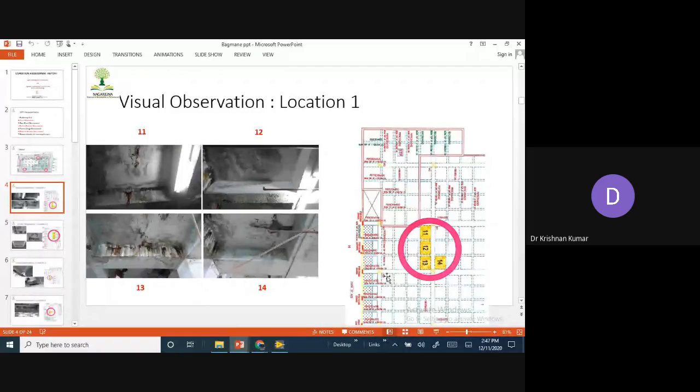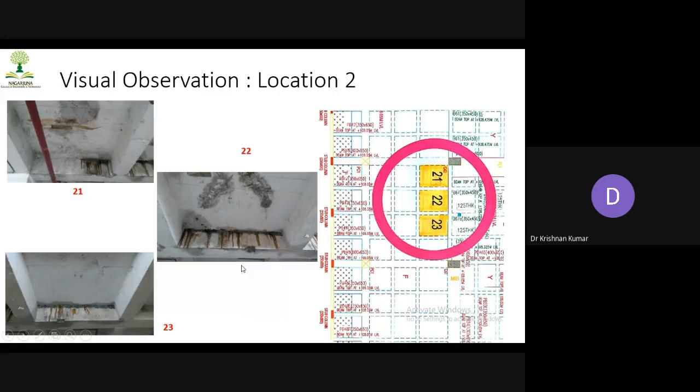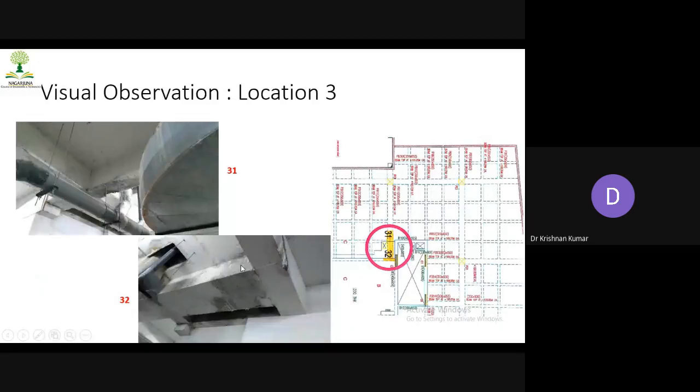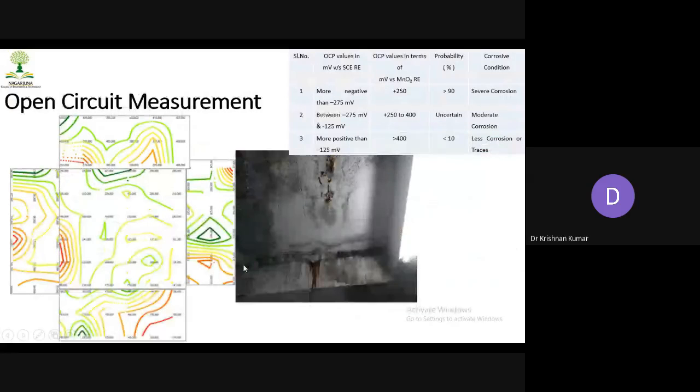Now you are seeing the actual condition, completely soaked by water. These are the locations, completely soaked by water, right? Now this is the one I wanted to explain. We took electrochemical measurements, and after making them, these values have been properly mapped.